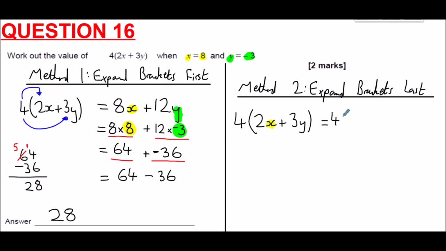And so leaving the brackets intact, 2x means 2 multiplied by 8, and 3y, because y is minus 3, that will mean 3 multiplied by minus 3.